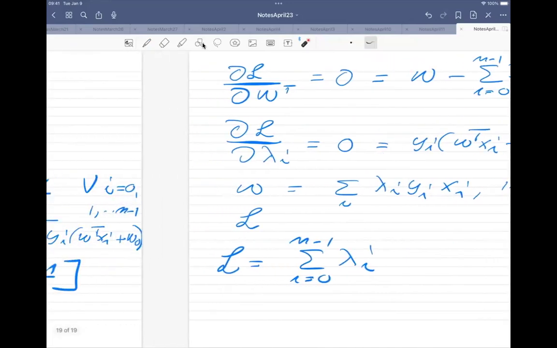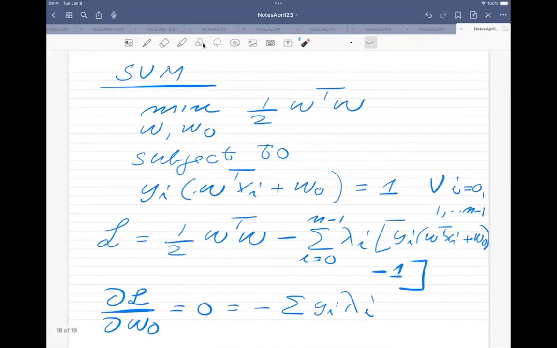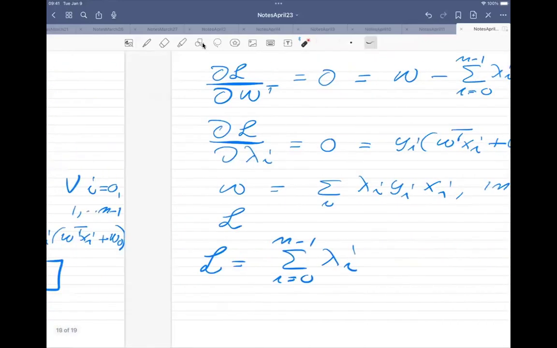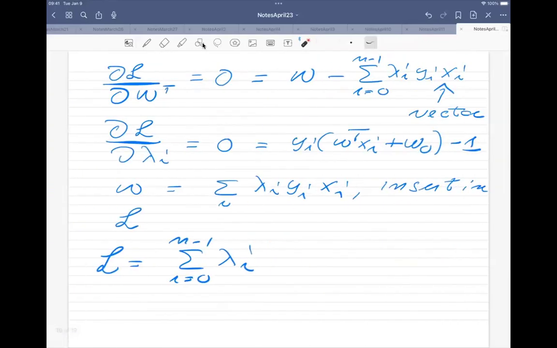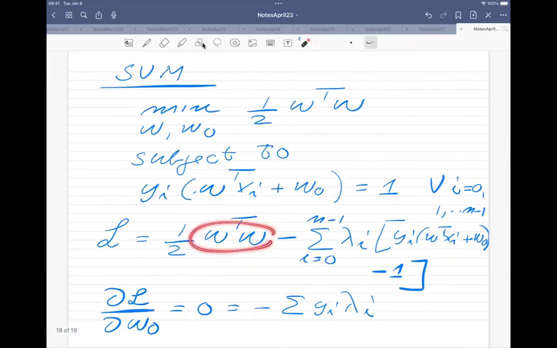Then, since I am multiplying with the term for w which I have found now, I'm inserting w here, and I'm also inserting w here. So that means that I am inserting this expression inside the double sum, but also in here. So this gives me a factor of a half.